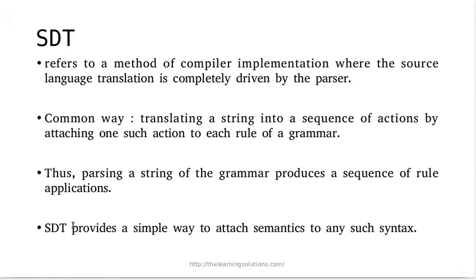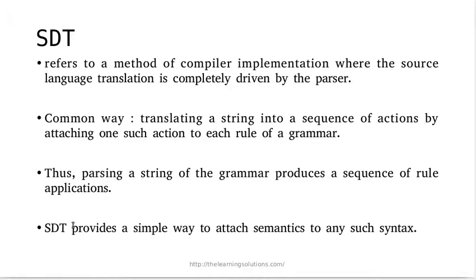One common way of implementing the SDT is to translate a given string into some sequence of actions by attaching one such action to each rule. That means we can attach one action to one production rule in a given grammar. In this way a simple SDT can be created. Parsing the string of a grammar will produce some sequence of rule applications.